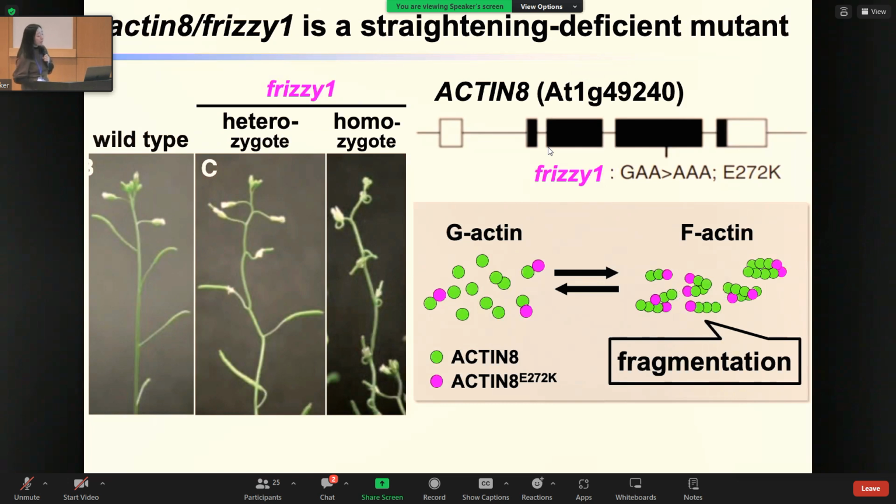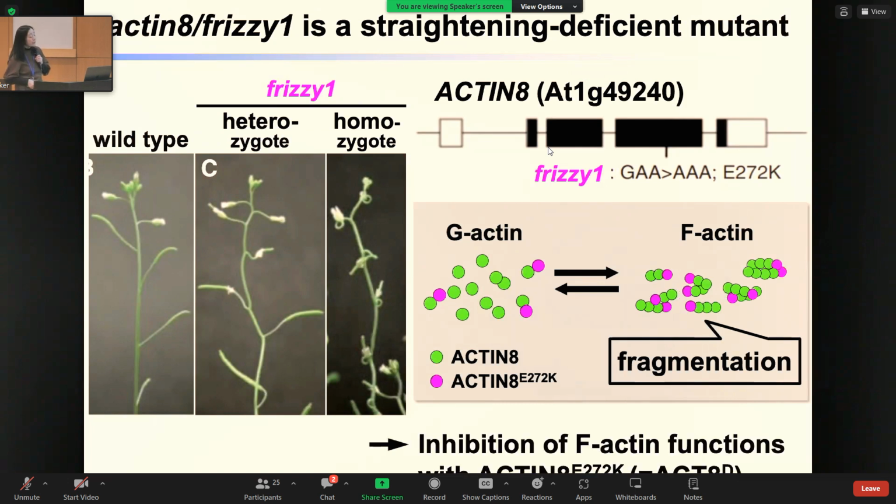We therefore wondered whether this mutation could be used to inhibit the function of actin filaments in a site-specific manner. Hereafter, the mutant actin-8 protein will be referred to as Act8D.